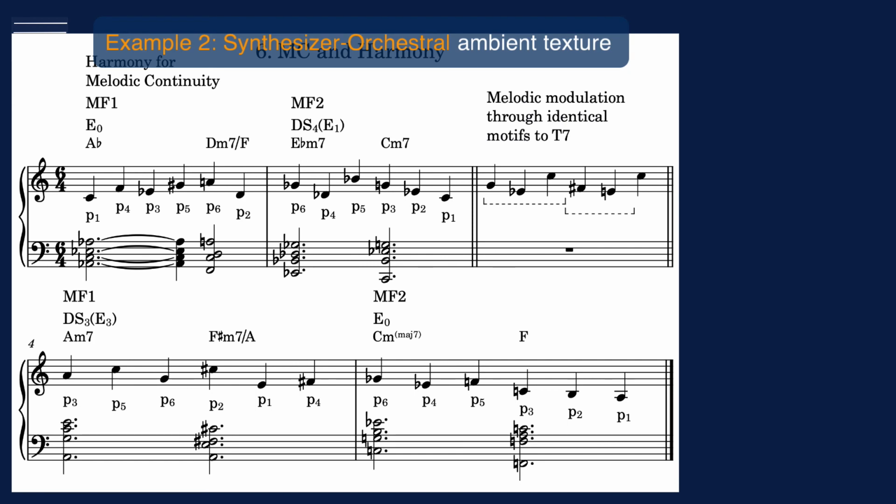The sketch is used to create an ambient texture for synthesizers and orchestral instruments. I decided not to show a condensed score. Instead, I will mark the source elements that are used while the music is playing and provide some virtual instrument details.